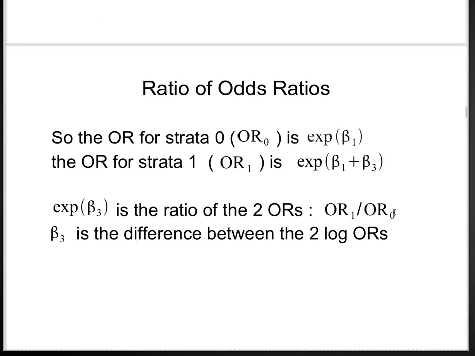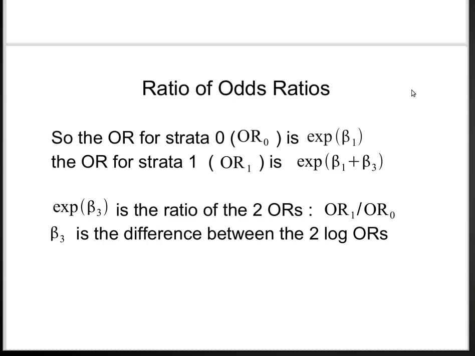Now we've got something new. What have we got? We've got the odds ratio for strata 0, that is the non-smokers. That's the exponent of beta 1. And we've got the odds ratio for strata 1, which is the exponent of beta 1 plus beta 3. What is the exponent of beta 3 then? Just the ratio of those two odds ratios.